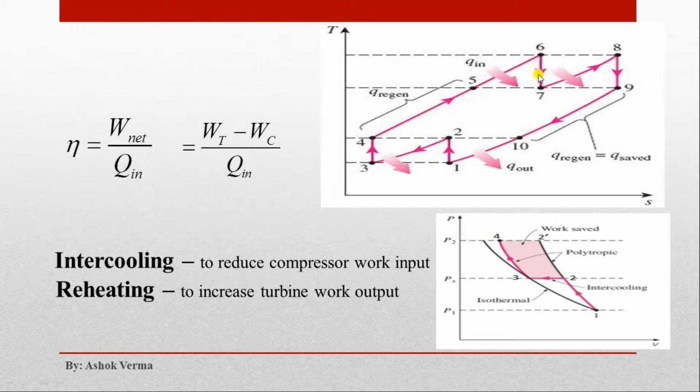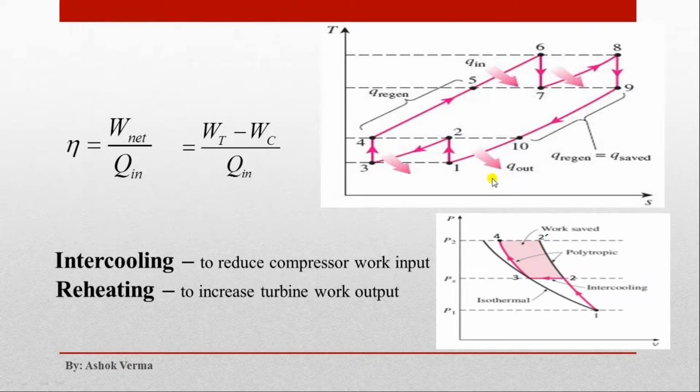But if you expand in multiple stages, here we are taking two-stage expansion, expanding from 6 to 7, then reheating from 7 to 8, and then expanding from 8 to 9. You will get this area as the increase in the work done. So the turbine work will increase by multi-stage expansion with reheating.